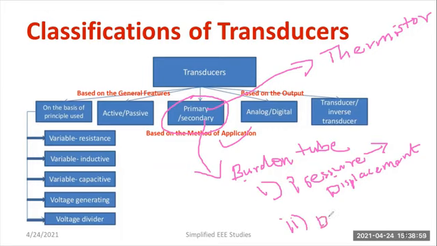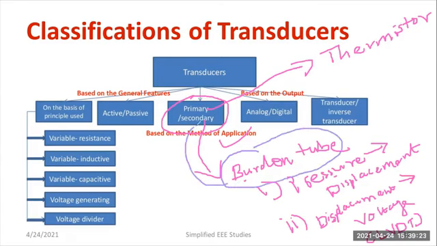The second stage is that displacement is converted into electrical voltage, an electrical quantity, by using LVDT. That is actually happening in case of the Bourdon tube. So I must say that the Bourdon tube is one example of a secondary transducer.